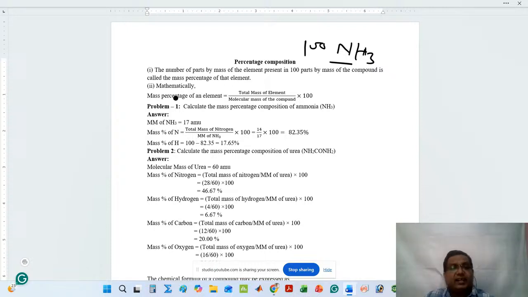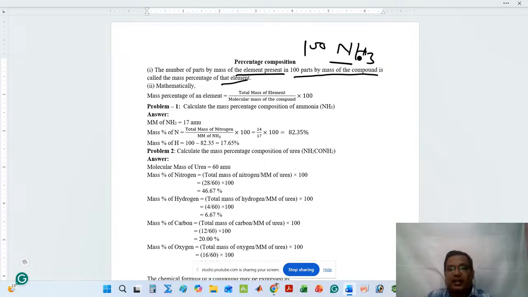Here I can define it: the number of parts by mass of the element in 100 parts by mass of the compound is called the mass percentage of that element. That means what percentage of nitrogen is present in 100 grams is called the percentage composition of nitrogen.